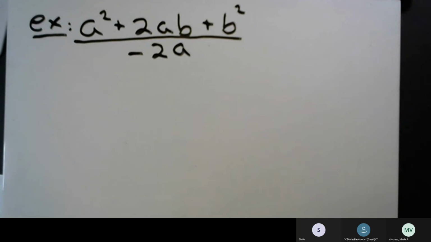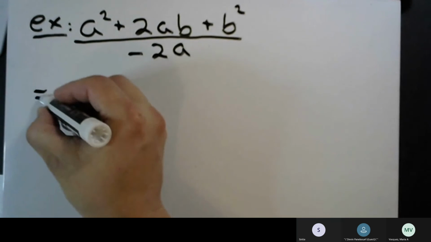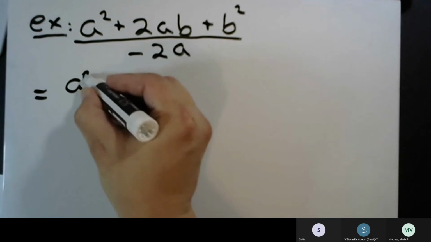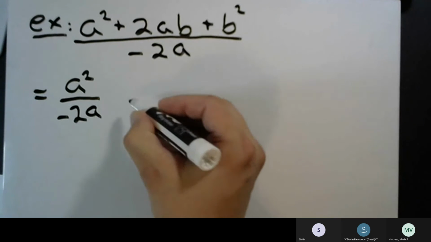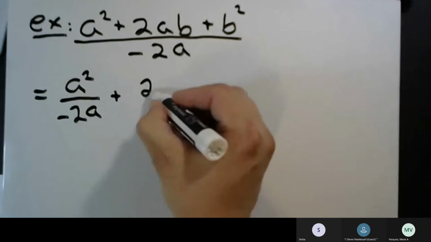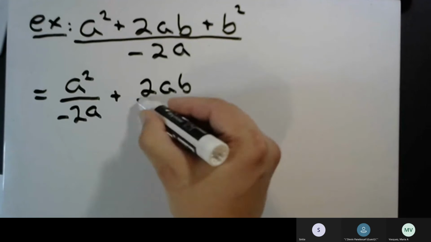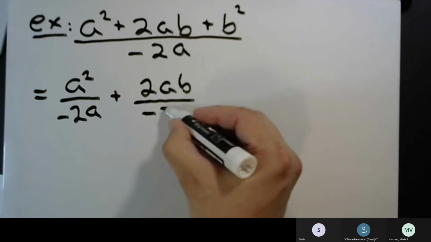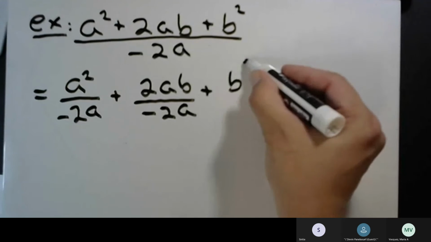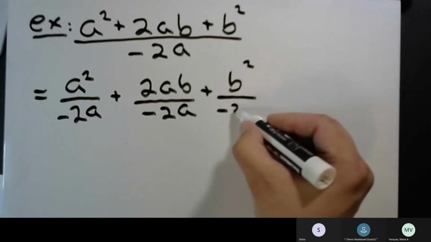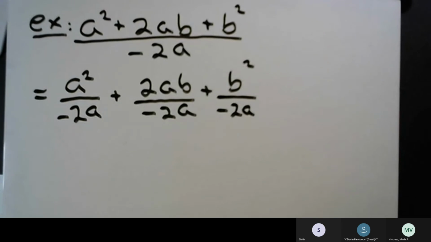So in this case, again, we're going to break it up. We'll get a squared over minus 2a plus 2ab minus 2a. And then we'll have b squared over minus 2a.